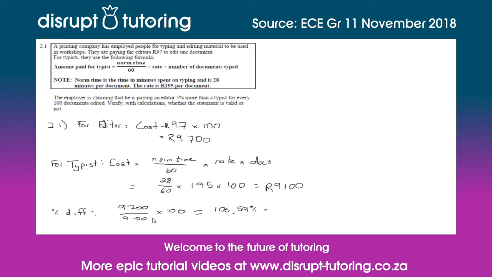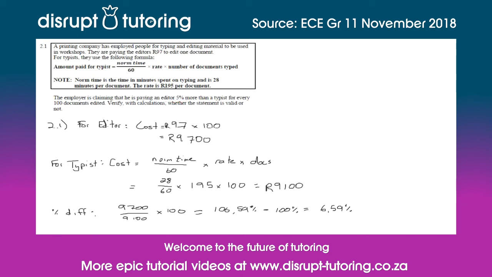But now we just need to subtract, so remember that this part here is 100%, and this part here is 100% plus the percentage more than the cost for a typist. So we have to subtract 100%. So this comes to 6.59%, which is a bit more than the 5% that is claimed.